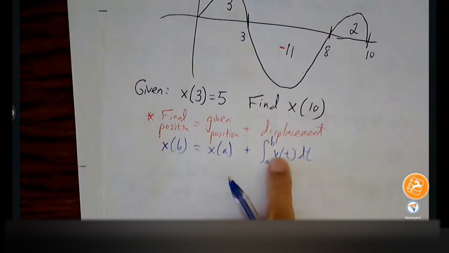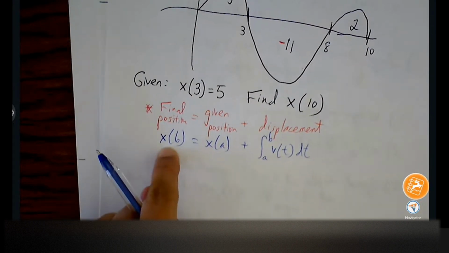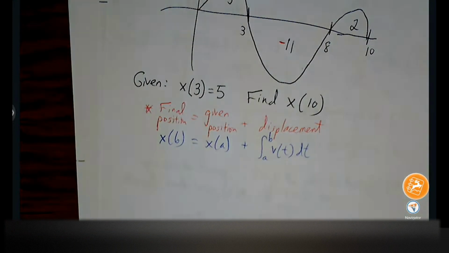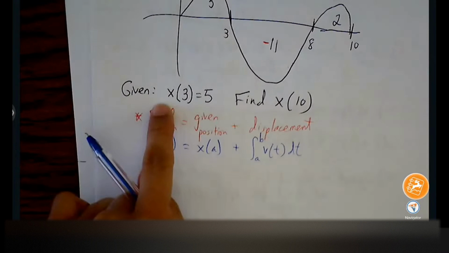So this is however much progress I made movement-wise added to my starting point, and that's going to end up giving me my location. So we're just going to fill in this formula here.